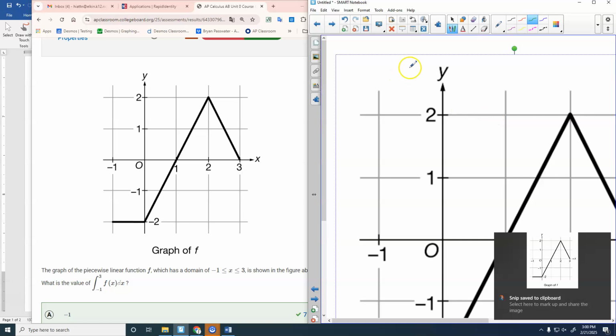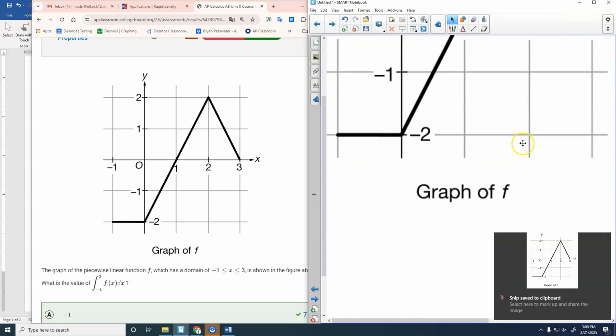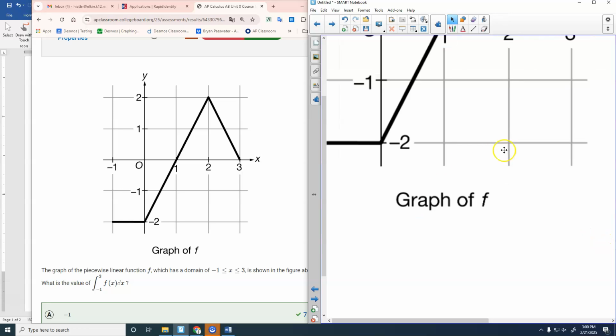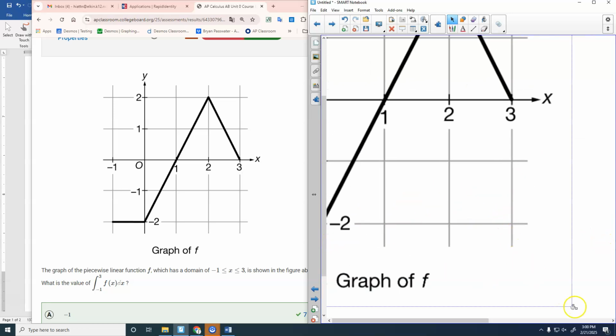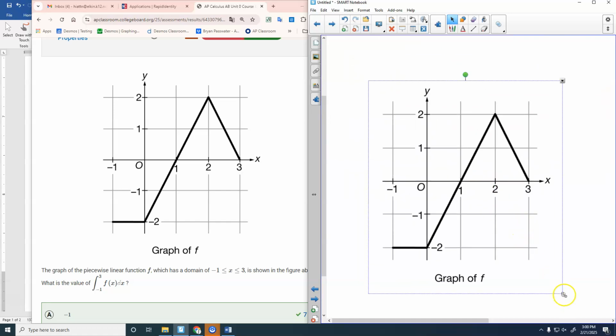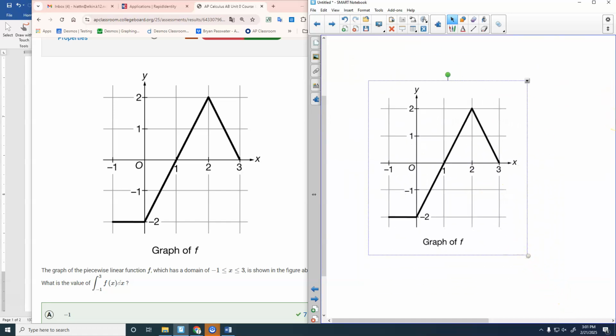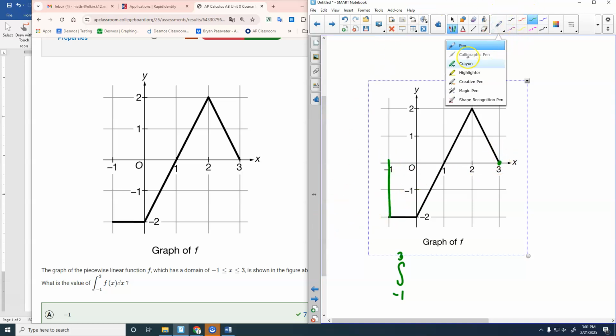Here, whenever this asks us for the integral from -1 to 3, -1 is right here, 3 is over here. It wants the area between the x-axis and our line. So this part right here would be part of it, and this part right here would be part of it. In this case, you can use area formulas for that.